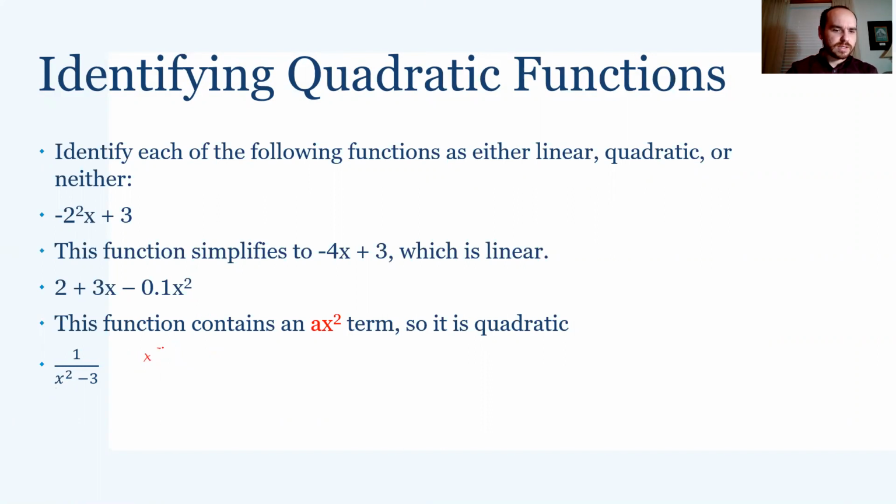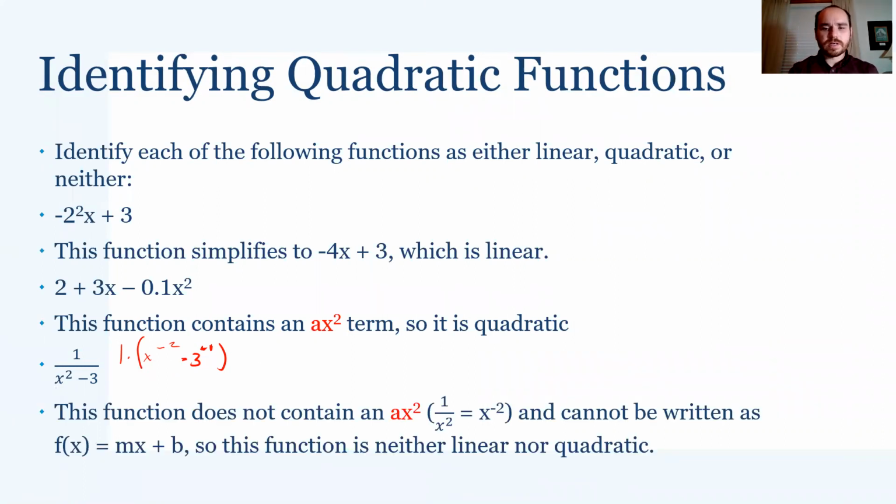When it's on the bottom, it is equal to x to the negative 2. That's the simplified version of it. Anyway, so this one is neither linear nor quadratic. Like it says here, remember that 1 over x squared is equal to x to the negative 2. So that is not an actual x squared term.